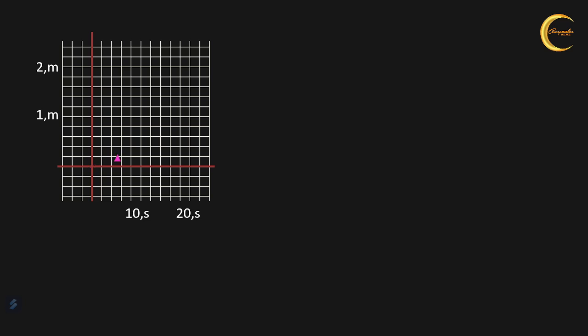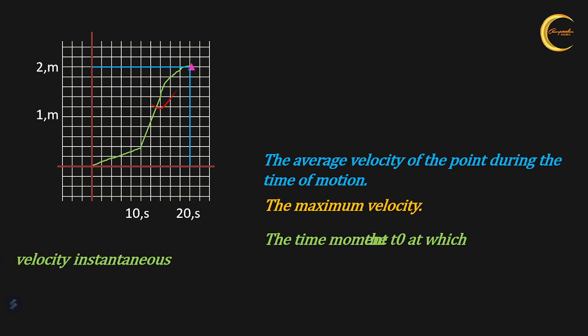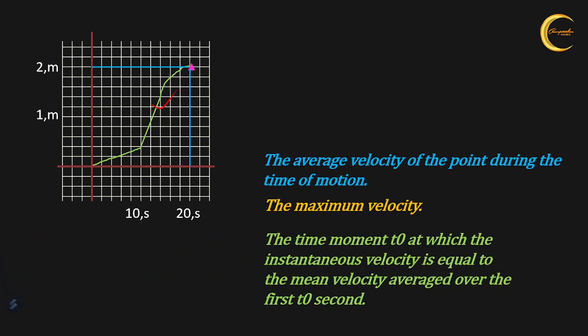A point moves rectilinearly in one direction. This is the path of the point, and we have to find, first, the average velocity of the point during the time of motion; second, the maximum velocity; and third, the time moment t0 at which the instantaneous velocity is equal to the mean velocity averaged over the first t0 seconds.